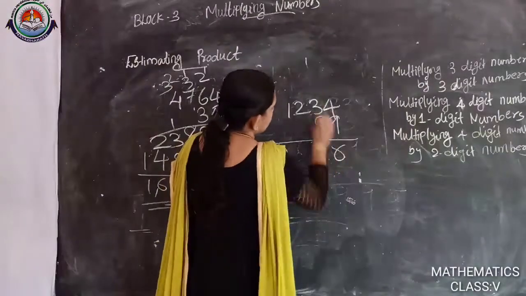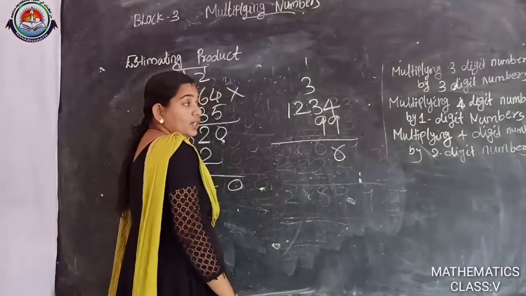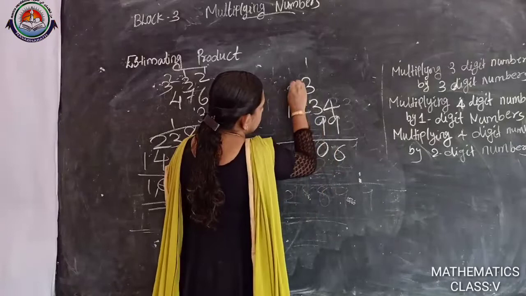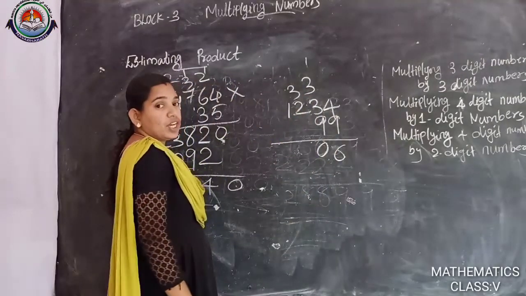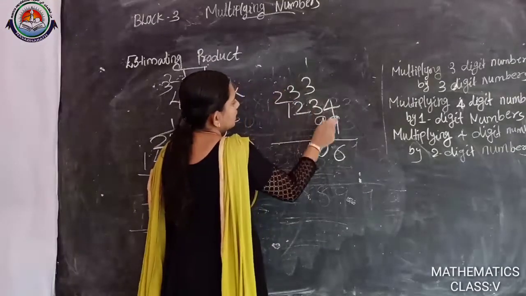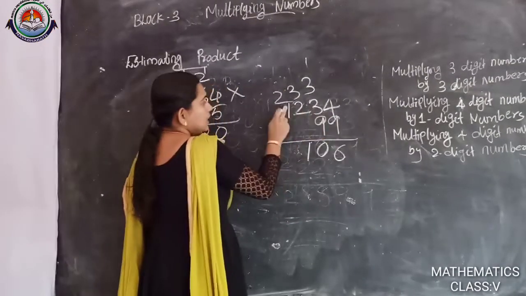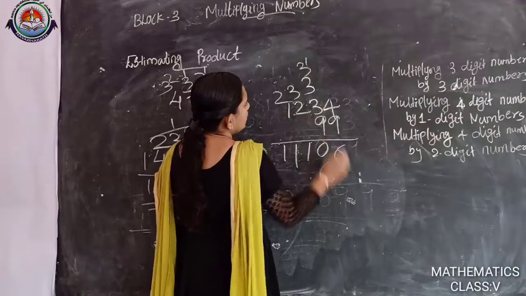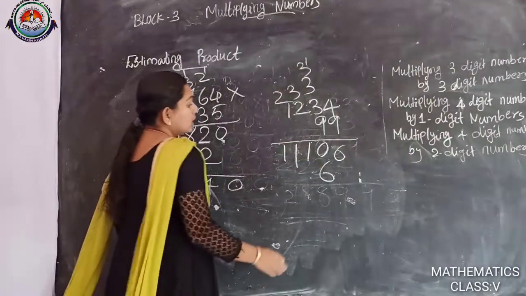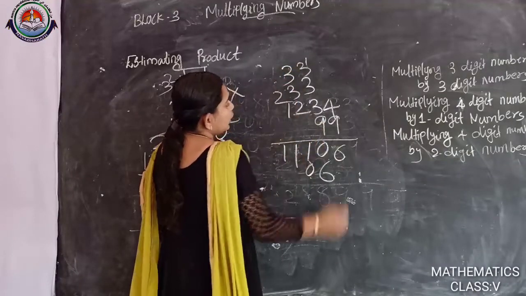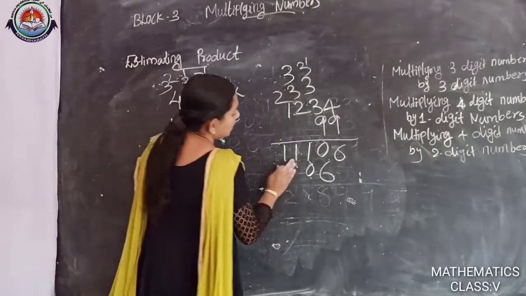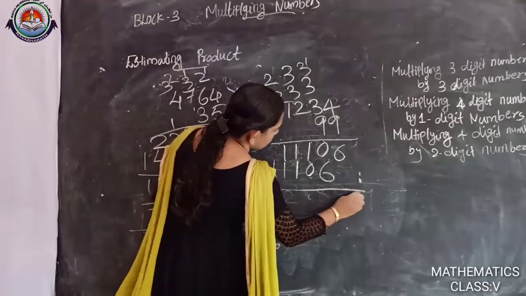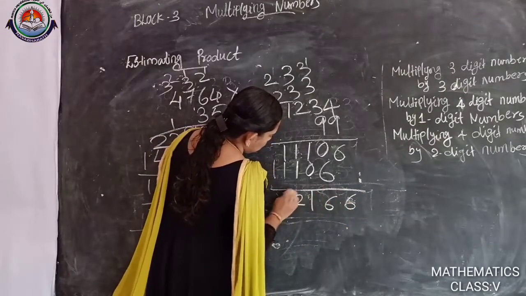9 into 4, 36, 3, 27, 27 plus 3, 30, 18, 18 plus 3, 21, 9, 9 plus 2, 11. 9 into 4, 36, 9 into 3, 27, 27 plus 3, 30, 9 into 2, 18, 18 plus 3, 21, 1 into 9, 9, 9 plus 2, 11. 6, 6, 1, 2, 2, 1.